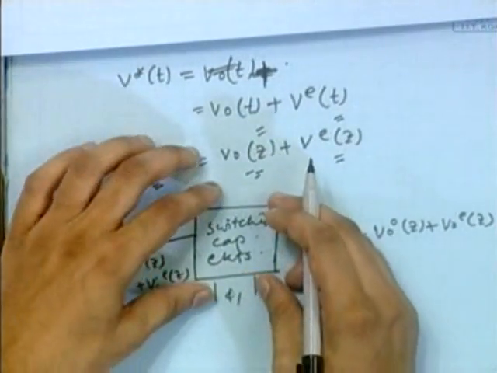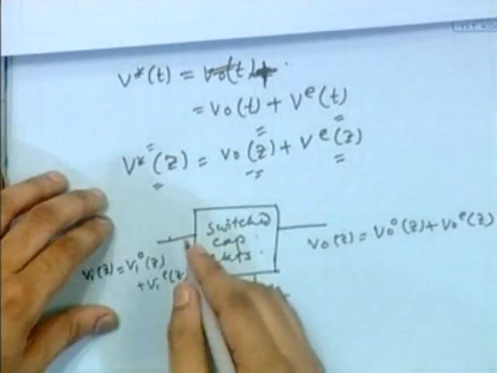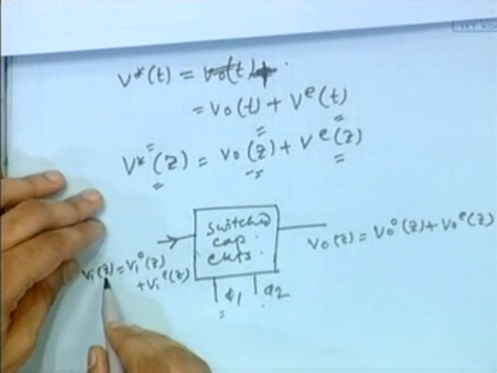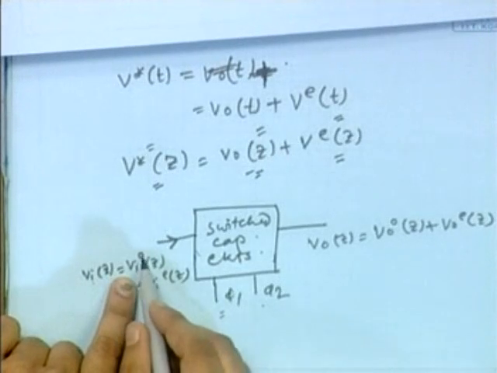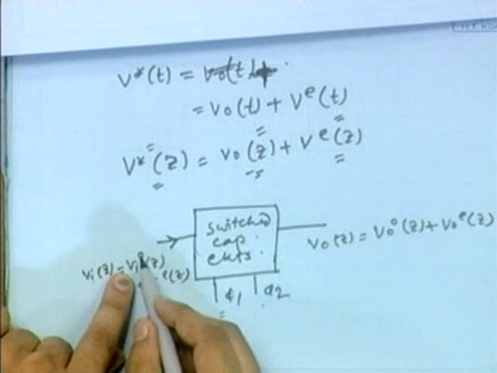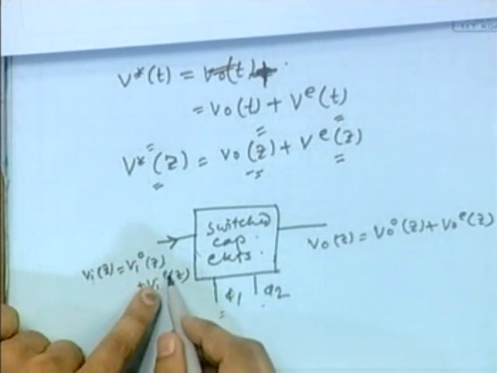This is a switch capacitor circuit block. Phi 1 and phi 2, two pulses, are given here. At the input we have given one signal, V_i(z) equal to V_i, for input, with O for the odd signal and E for the even signal. So V_i,O(z) plus V_i,E(z) for the even function.